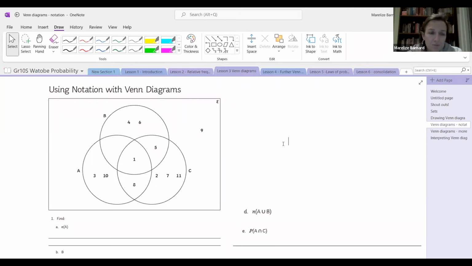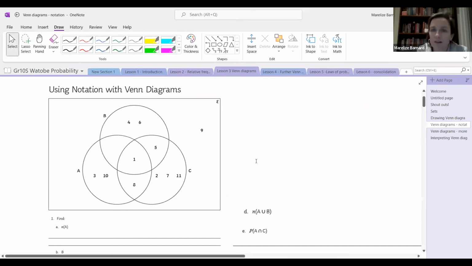Okay, so it's the numbers 1 to 11 that's all been put into different groups or events. So this first question asks for n of A. What does it mean? What does n of A mean? Who knows what that first question actually is asking for? Number of sets, the value of A, found in A, event A. That actually, it simply means number of possible outcomes.